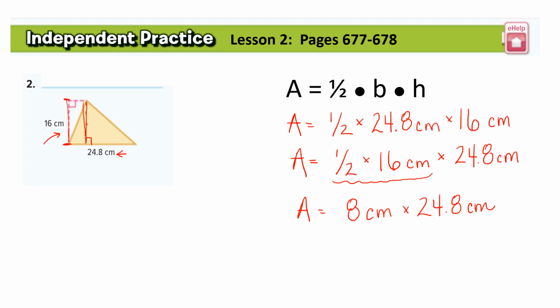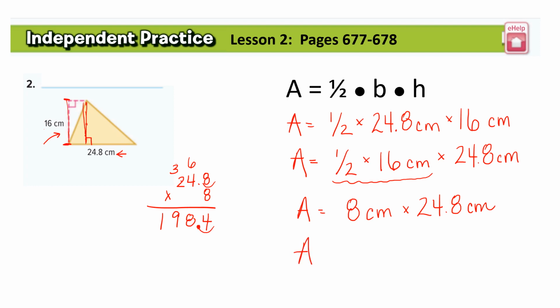Now we can multiply 24.8 times 8. 8 times 8 is 64. 8 times 4 is 32, plus 6 is 38. 8 times 2 is 16, 17, 18, 19. I have 1 decimal and 1 decimal.